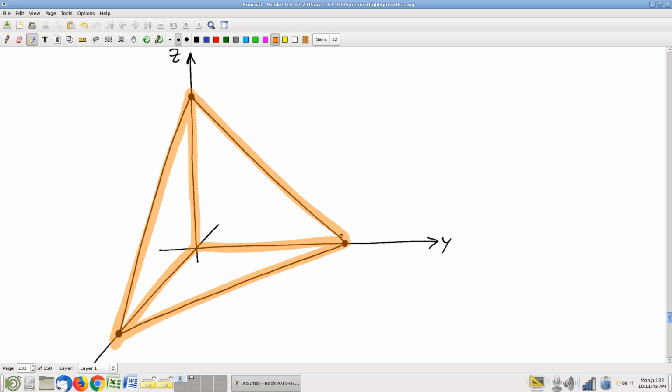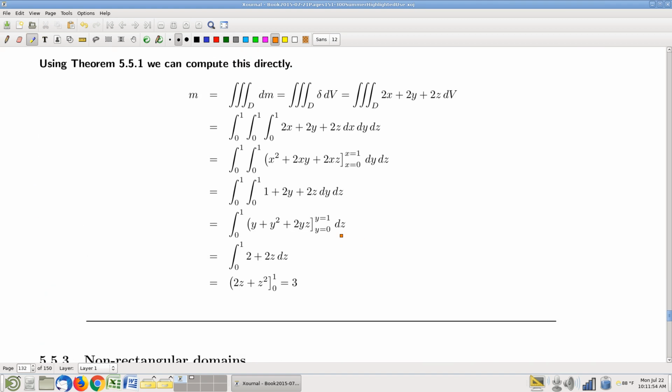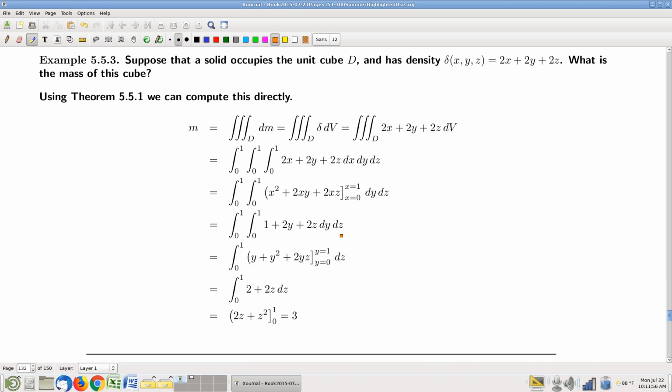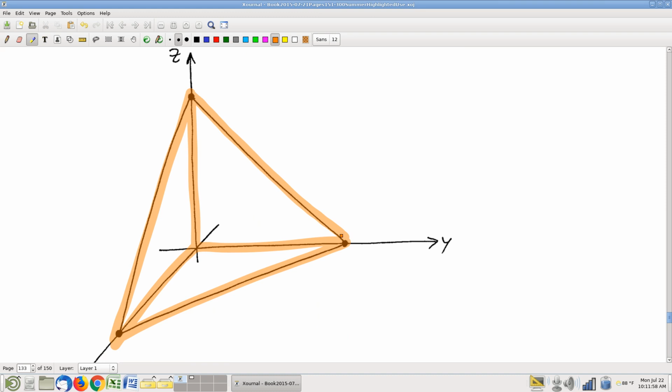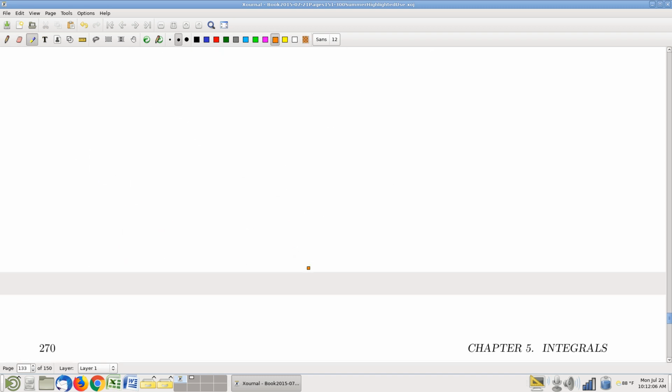How do we turn that, phase 2, into a triple iterated integral? And I don't want to worry about phase 3 right now. Phase 3 is just actually cranking out the resulting single variable integrals. So here all we're going to worry about is how do I turn this domain into an iterated integral. Okay, so take your pick on how you want to slice.